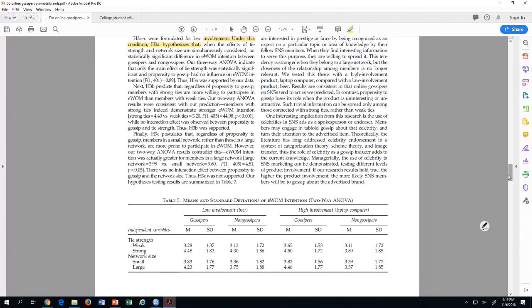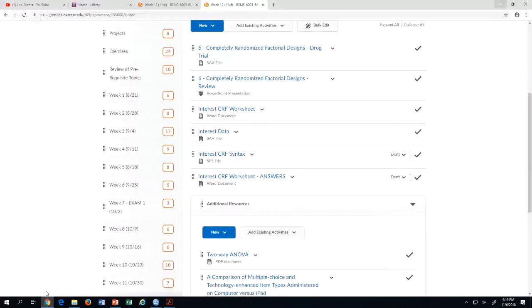Any questions about these? No? Okay. So there is a worksheet in the week 12 content. It's the interest data again. So interest in school and work for different age groups.